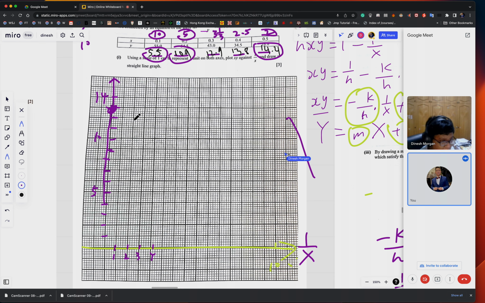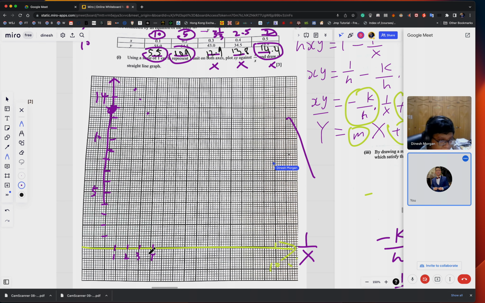So please use a ruler. So when it's 2.5, then it's 13.8. Like I say, let's not care too much about the accuracy first, because we are talking about the way to do it, not so much about the accuracy. So this one done, this one done, this one done.